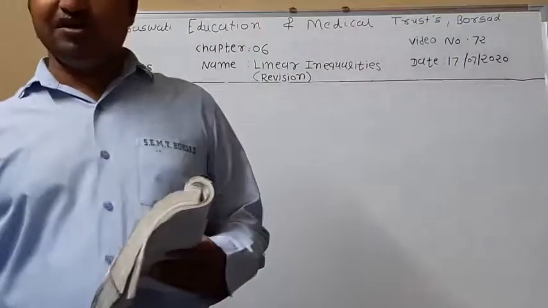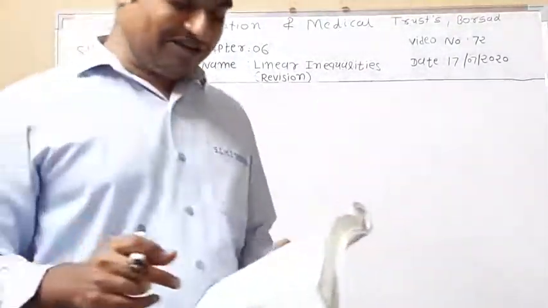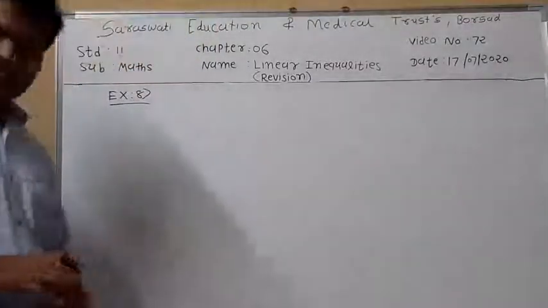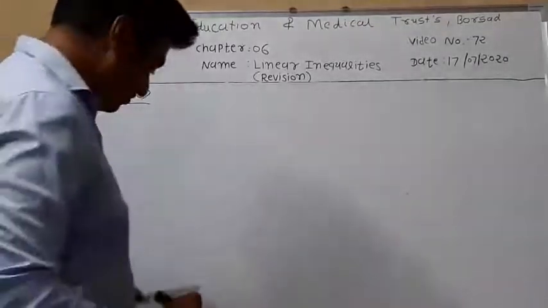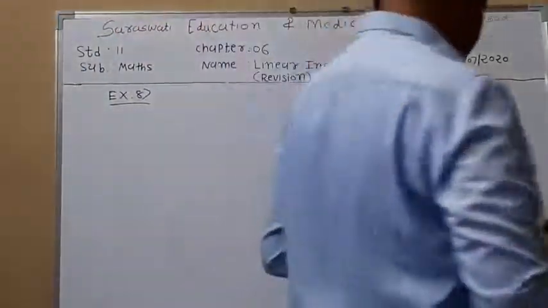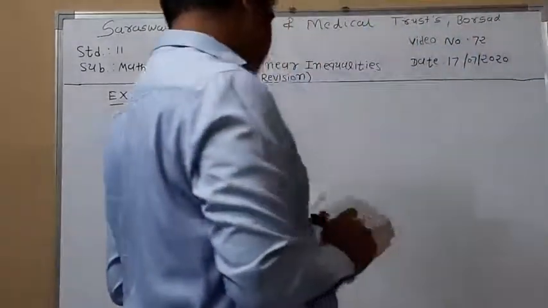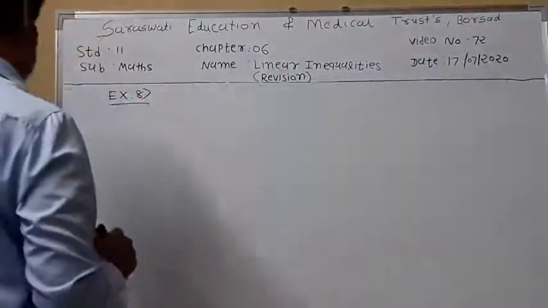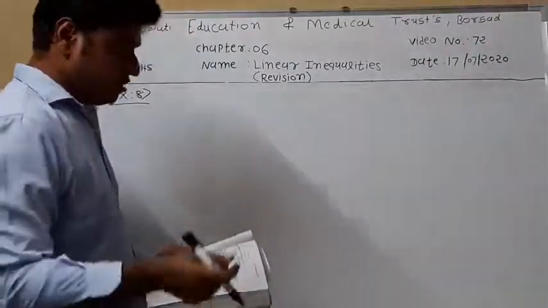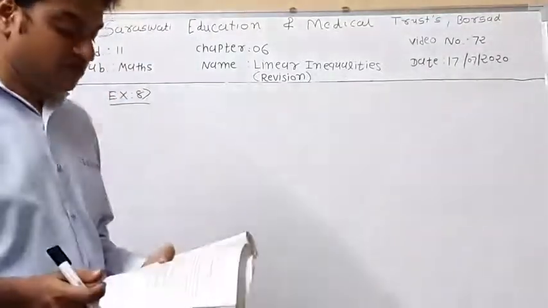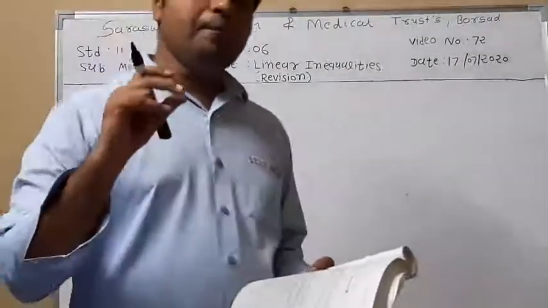Odd natural numbers means 1, 3, 5, all odd numbers, both of which are larger than 10, such that their sum is less than 40. So first of all, our question is to find all pairs.